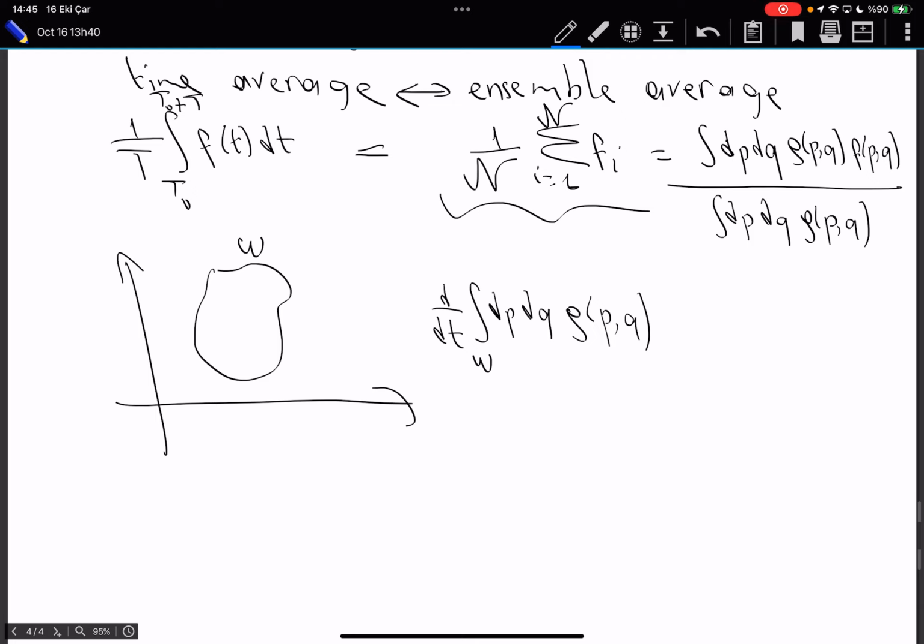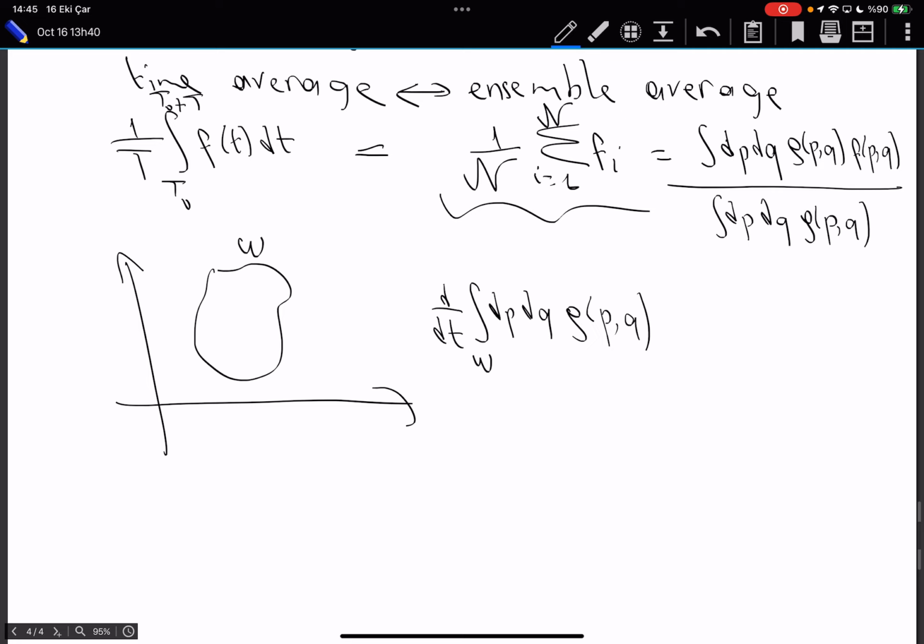You see, I'm not creating new copies. Once I create copies, the number is fixed. So the only thing that can change is that these points are moving around. So the only reason that the total number of points in this volume omega might change is if they flow out of this volume or if they flow inside the volume.